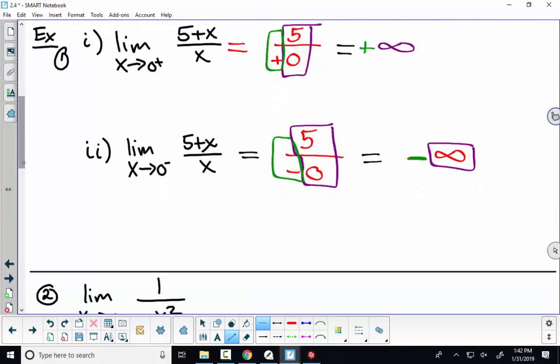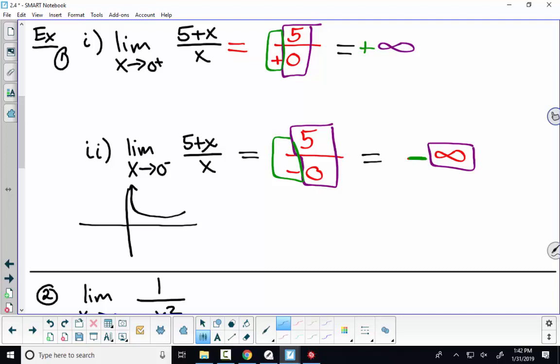So then if we just looked at that limit, part 1 and part 2, what we're coming up with is, as I approach 0 from the right, the y values get larger and larger. And as I approach 0 from the left, the y values get smaller and smaller.